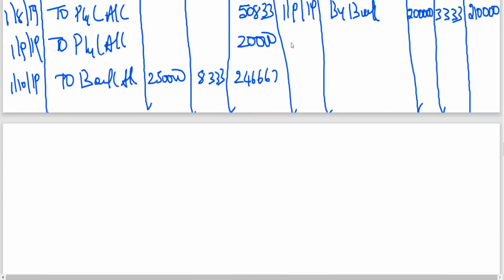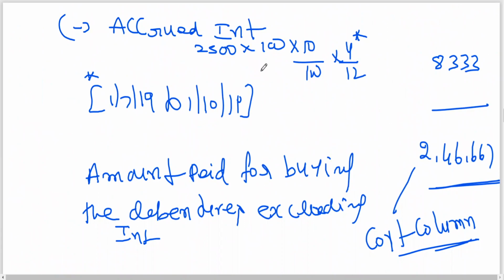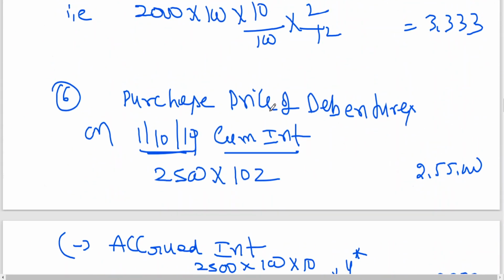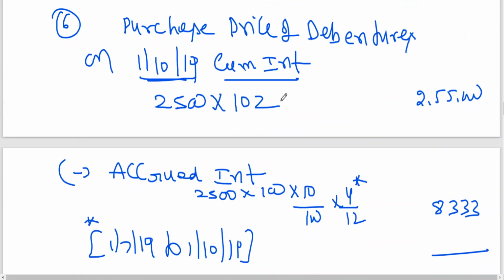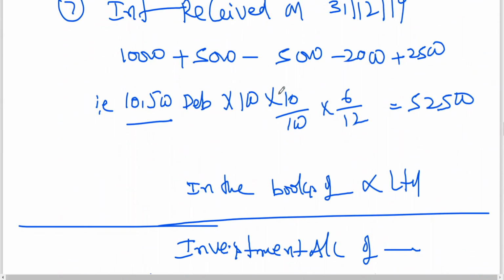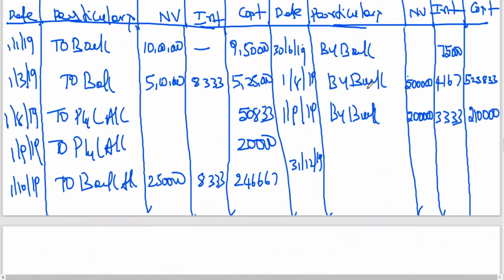Okay. Then last one, 31st December 19. I think that was the last one. Yes, all of you, this is about purchase price is completed. Last one. Interest received on 31st December is how much? 52,500.